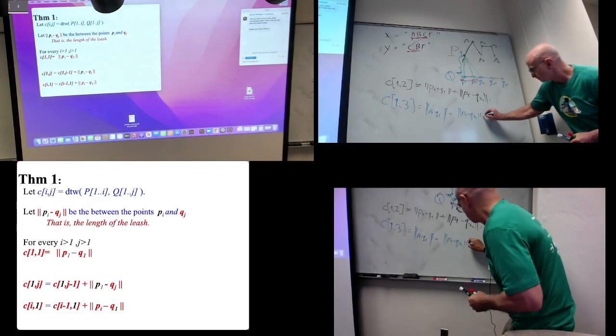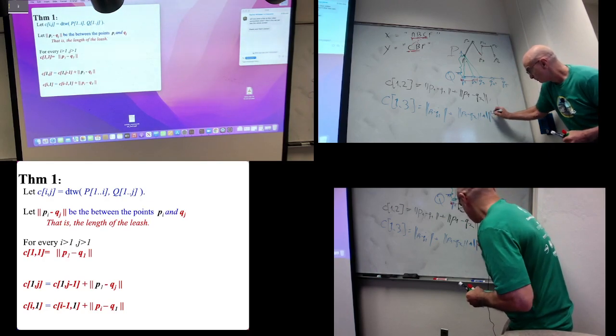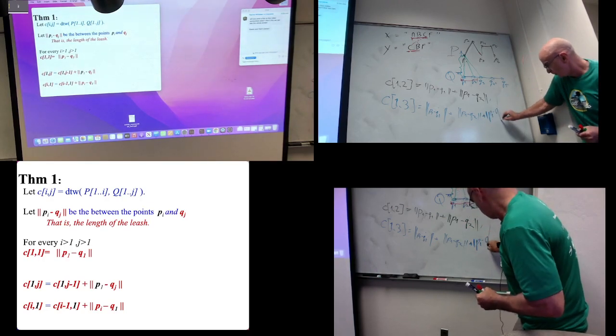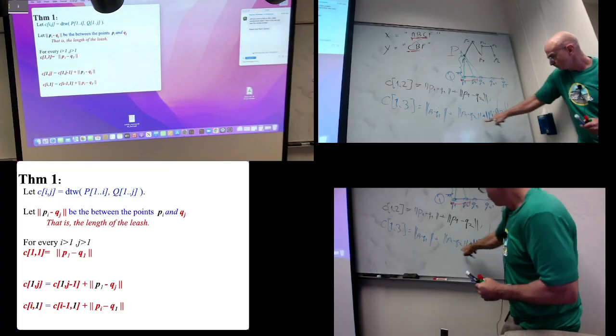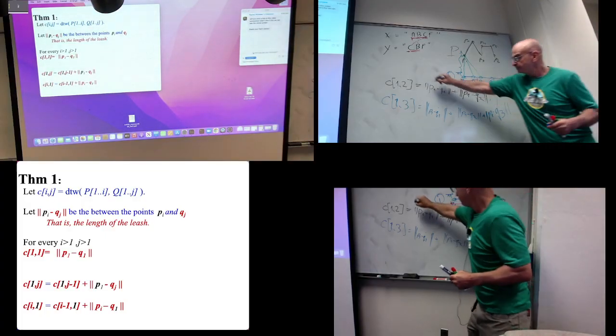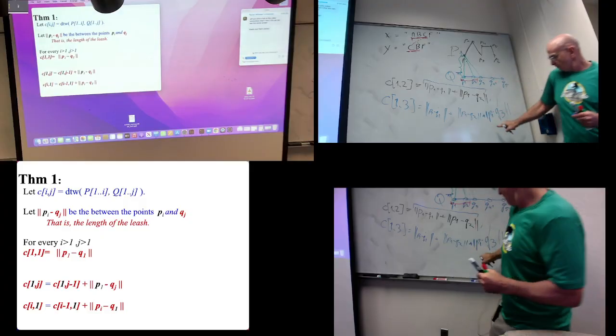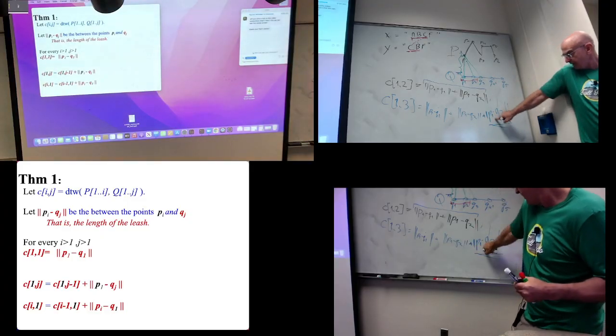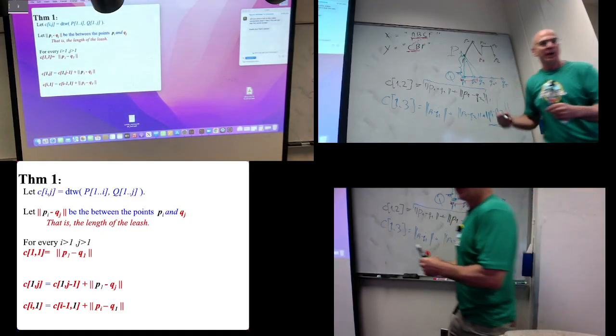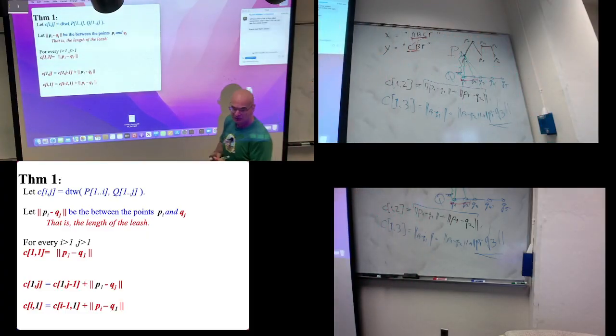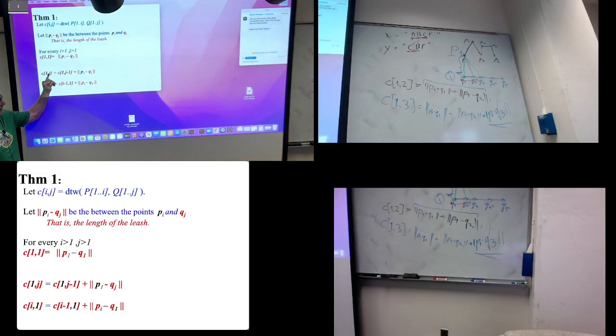So plus P1 minus Q3. I took the previous expression and added the length of one longer leash. We are just in the initialization of a table that is very similar to the table that we used in the edit distance and the LCS. So what is therefore C1,j?